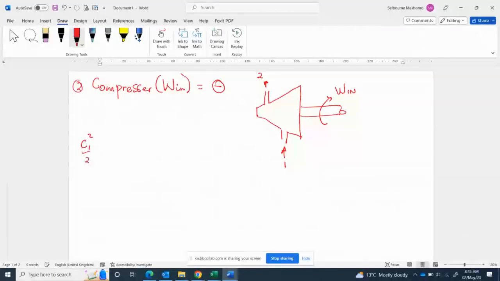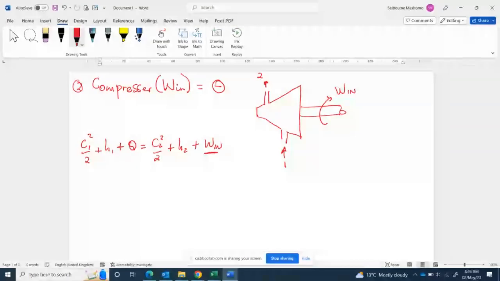C1 squared over 2 plus enthalpy at 1 plus Q is equal to C2 squared divided by 2 plus enthalpy at 2. We have all of these properties.